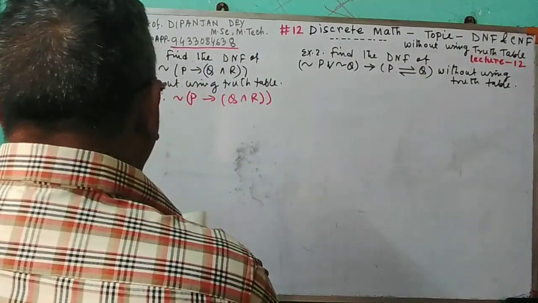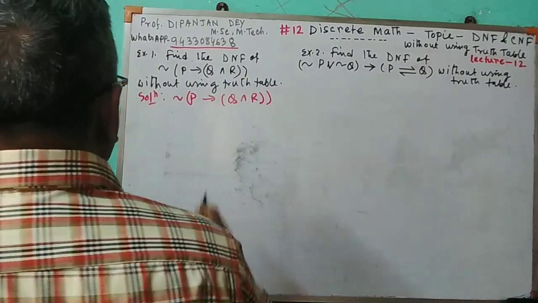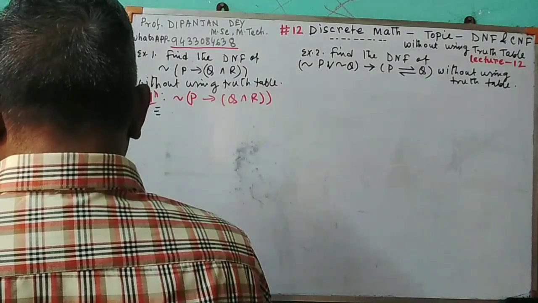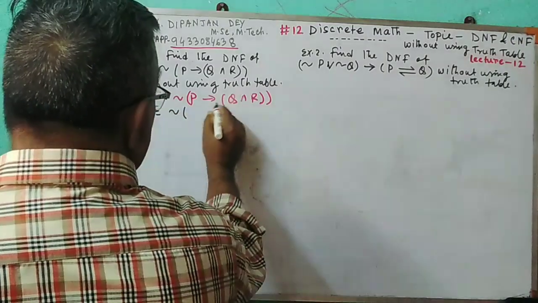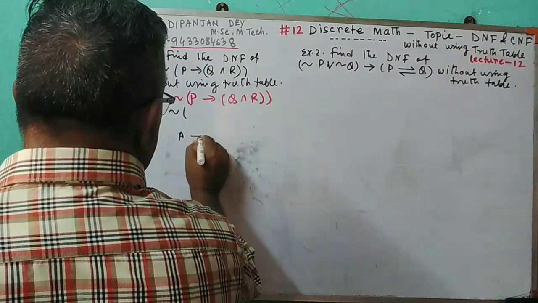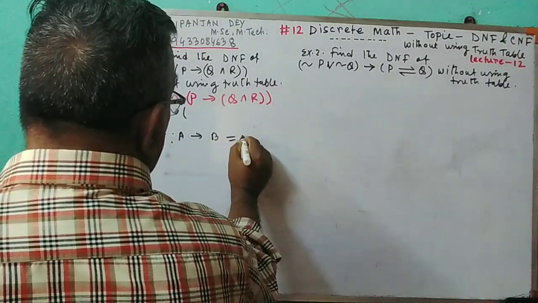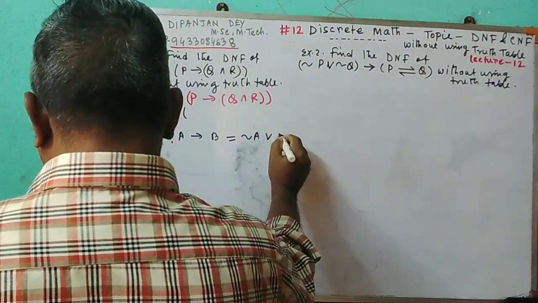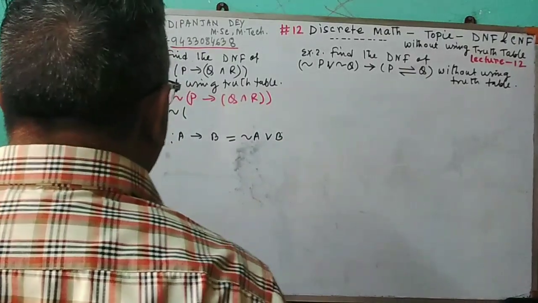Now what I am doing here? Just follow me. So this is equivalent to negation P, negation is there. So which formula am I applying here? A implies B is equal to negation A disjunction B. So this formula I am applying here.